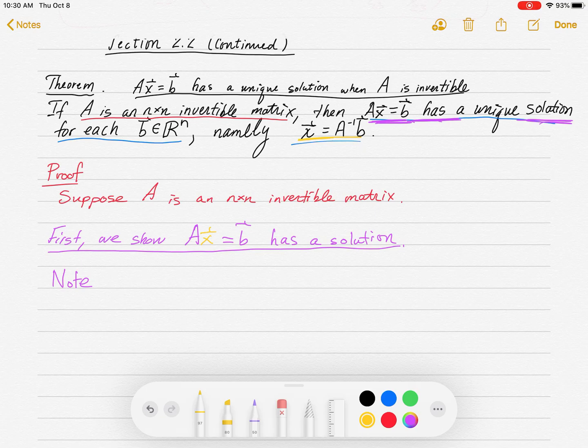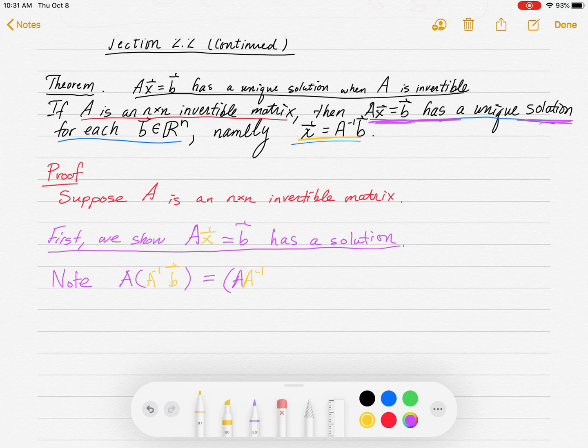So starting with the has a solution, let's try plugging in something for X. What do we say X should be? Well, we're told here that X should be A inverse B. Let's try plugging in A inverse B in place of X. So let's take A, and in place of the blank where the X would be, I'm going to put A inverse B. Okay, A inverse times vector B. So we know we have an associative property.